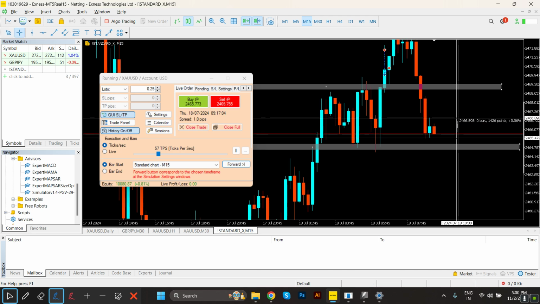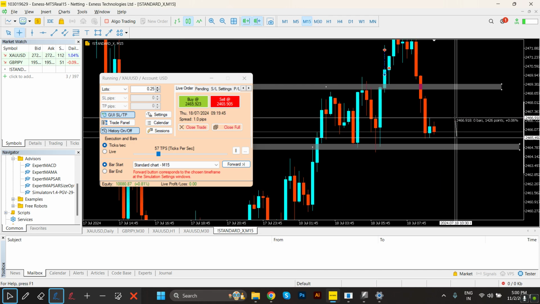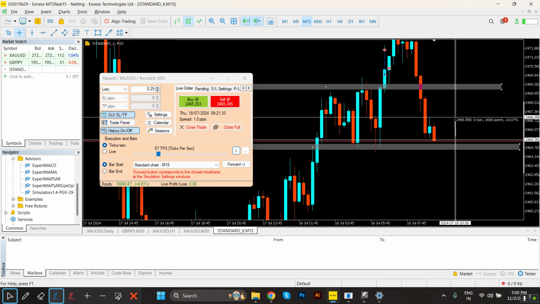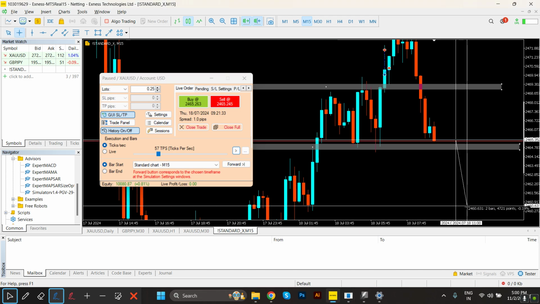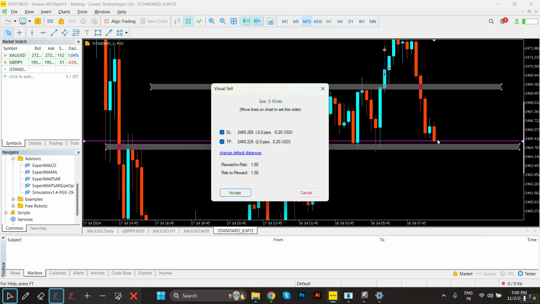If this 15-minute candle starts breaking the low, I think it's a better idea. Yeah, can we take a sell here and anticipate volume to drive? Maybe go with a lower risk.